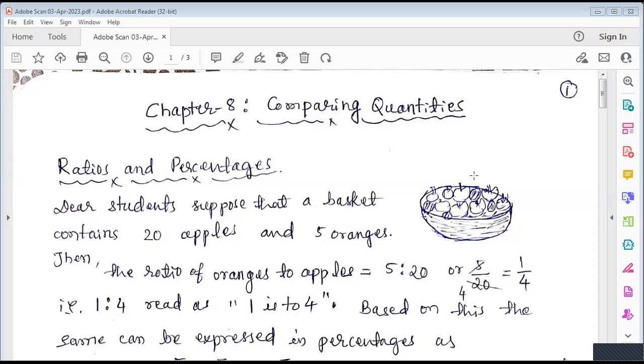In this class, I am going to teach you a mathematical topic, comparing quantities. It is of 8th standard.